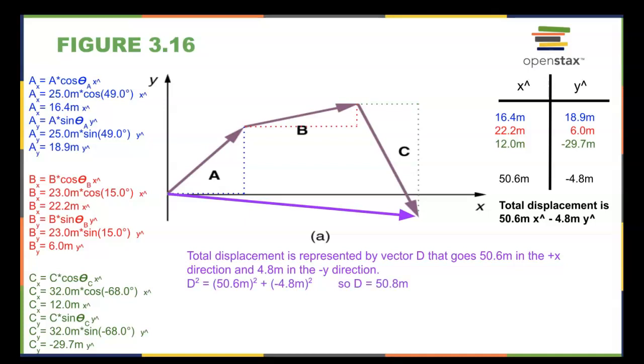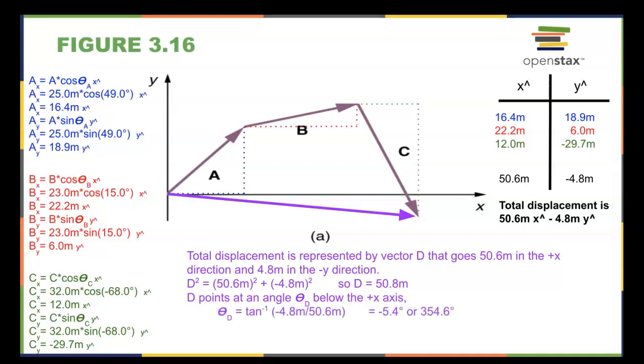So with the Pythagorean theorem, I can say that the x component squared plus the y component squared gives me the magnitude of this single vector that is the hypotenuse of the resultant. And so d is a vector that is 50.8 meters. The direction of d is some angle theta a little bit below the x-axis, and I can find out what that angle theta is because I know the side adjacent to it is 50.6 meters and the side opposite it is 4.8 meters in a negative y direction.